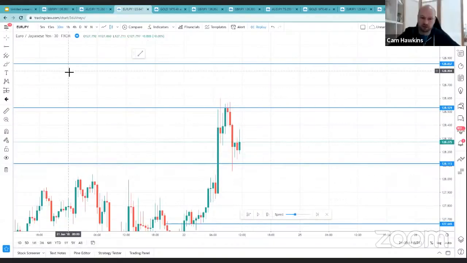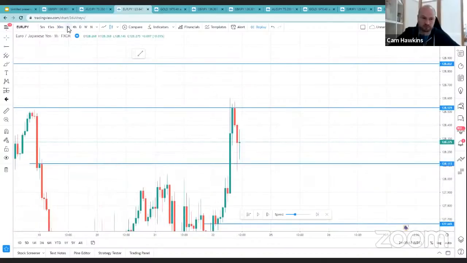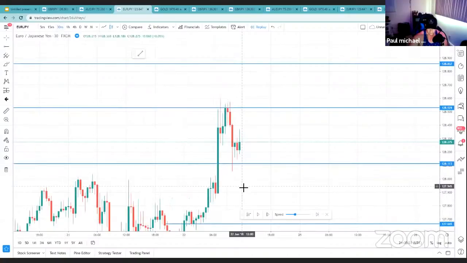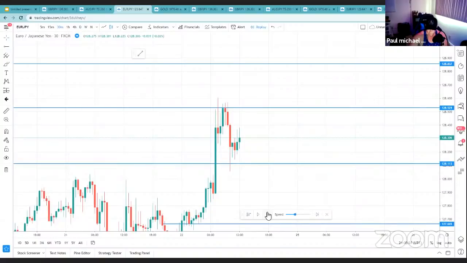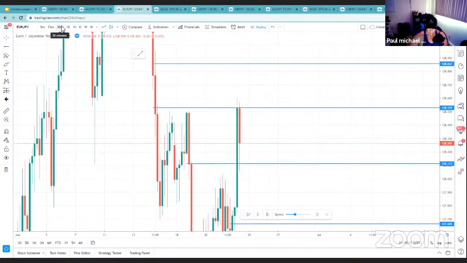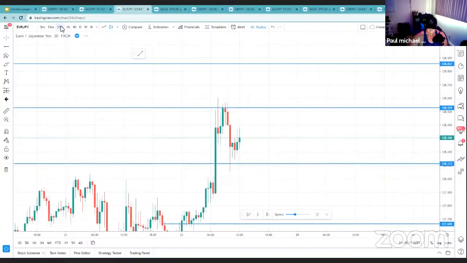So just go to the hourly quickly just to double check that, but I'm pretty sure. Yeah, there you go. Close like that. So it's bearish.